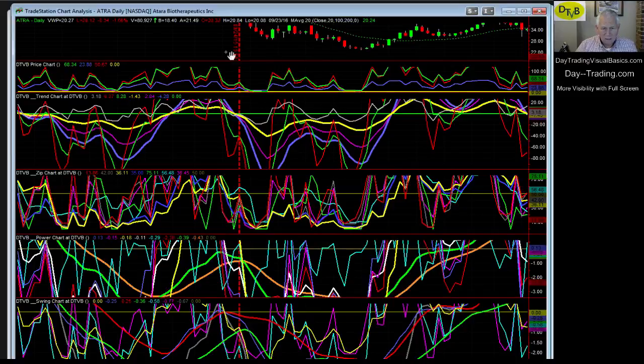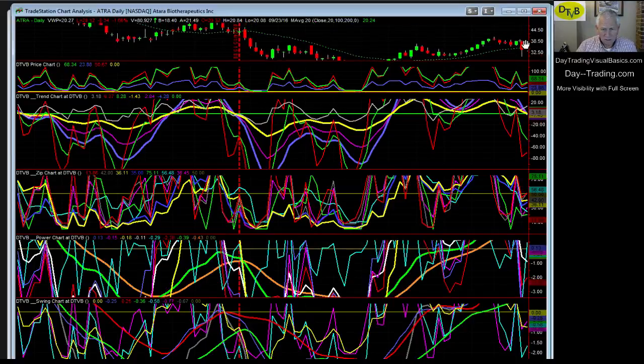But let me move these candles a little bit so you can see where we're at. You can see what happened. On this day of the red vertical line, we had a green doji candle almost right on top of the 20 moving average. And then it went down 1, 2, 3, 4, 5 nice days.